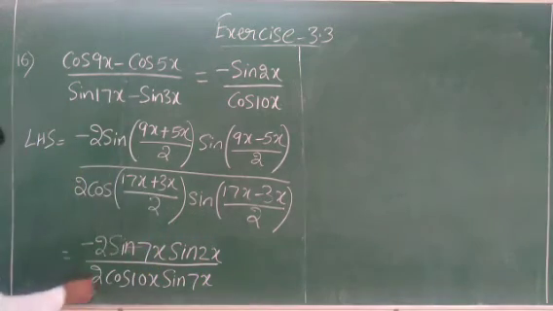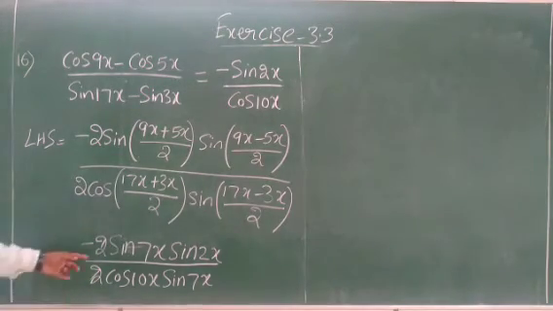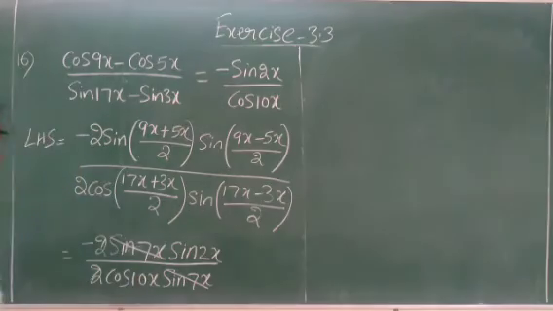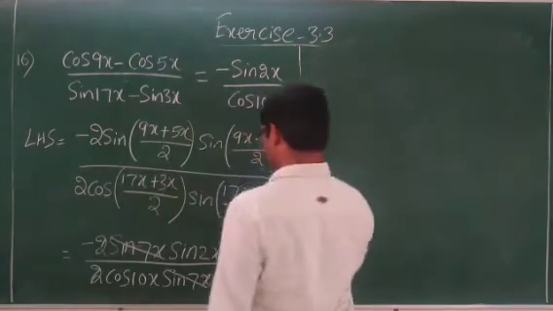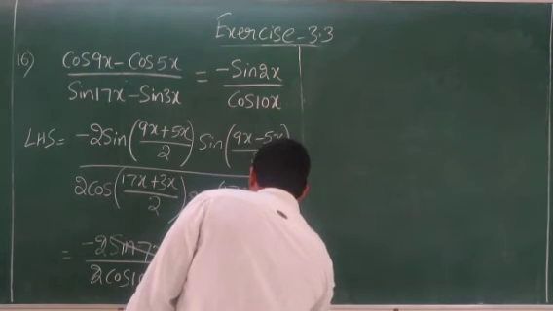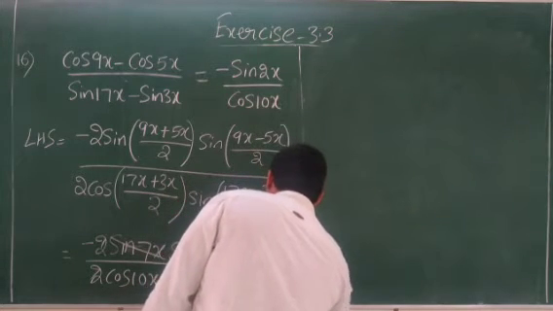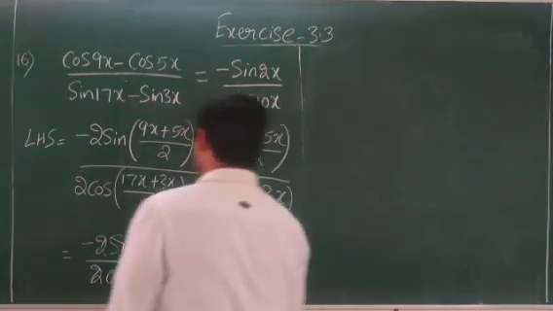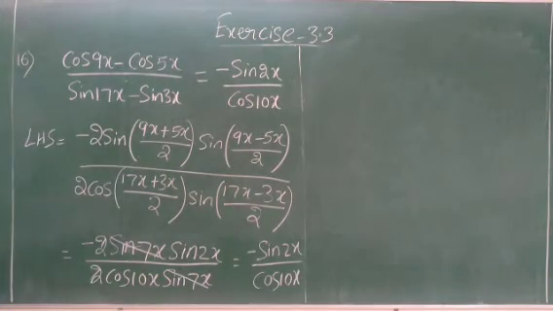So see what all we can cancel. We can cancel 2 and we can cancel sin 7x. So the remaining is minus sin 2x by cos 10x. So that is our result RHS.